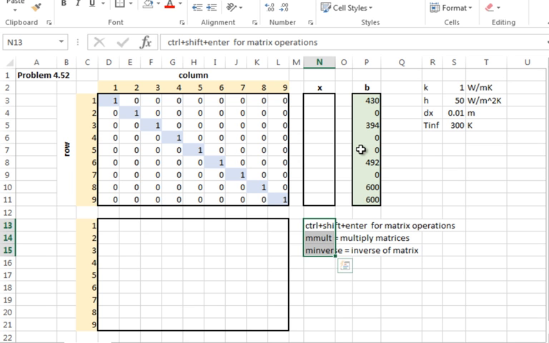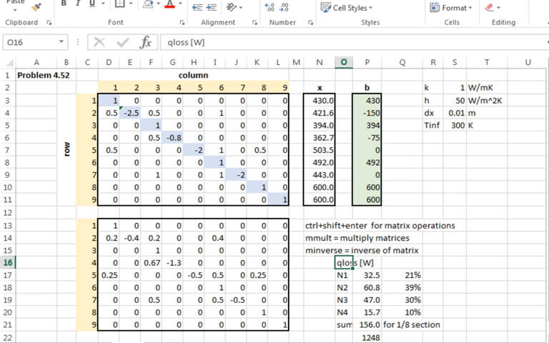Okay? For this problem, this is the solution. Why did I color code the blue? What is special about the A matrix along that blue line? What's that called? That's the diagonal. And notice I treated 1 through 9 as kind of variables, like temperature at 9 and temperature at 8 and temperature at 7. They're all unknown. But when I looked at it, I said, put a 1 on the diagonal and 0 everywhere else in that matrix A. And then on the right-hand side, put the specified temperature, 430.